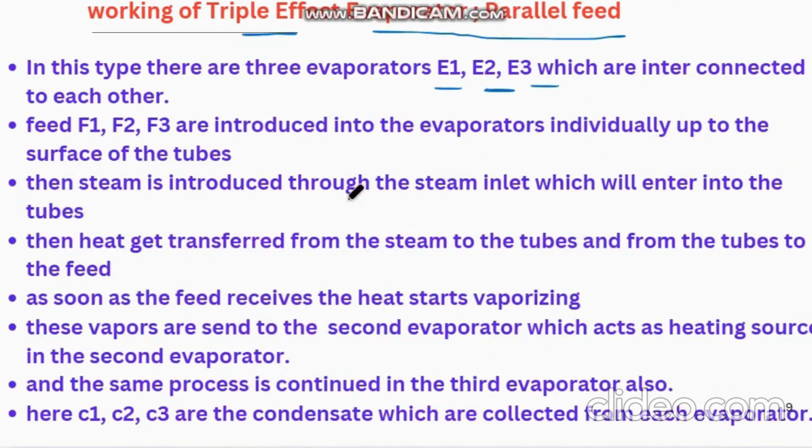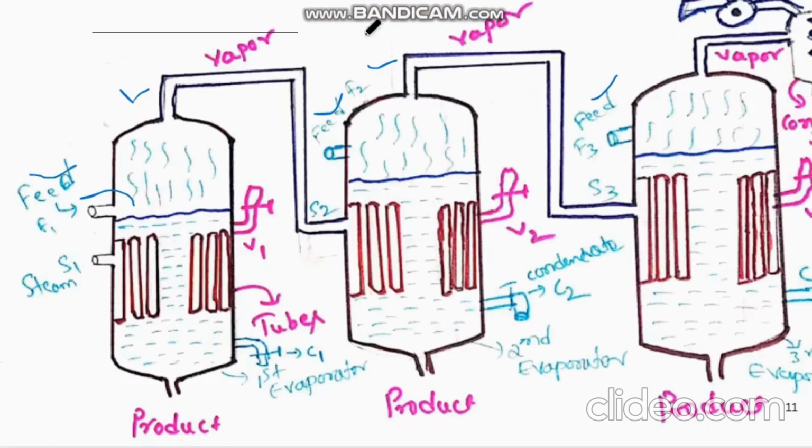Then the steam is introduced through the steam inlet, which will enter into the tubes. In the parallel feed in the triple effect evaporator, the feed is preheated, that is, before introduction into the evaporator it is heated.